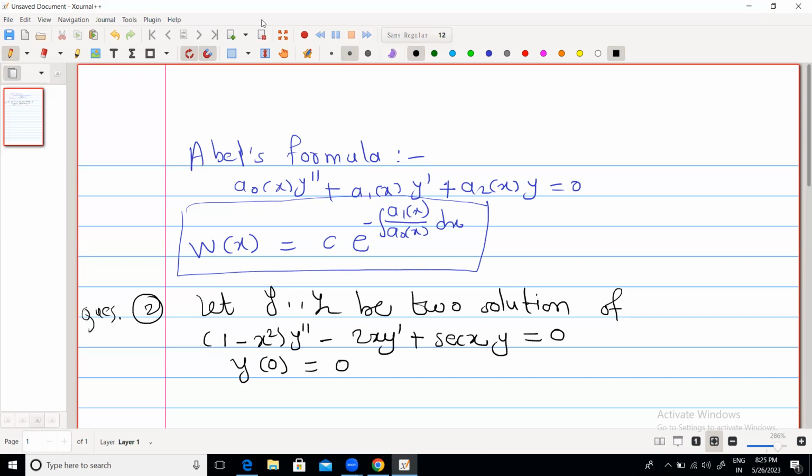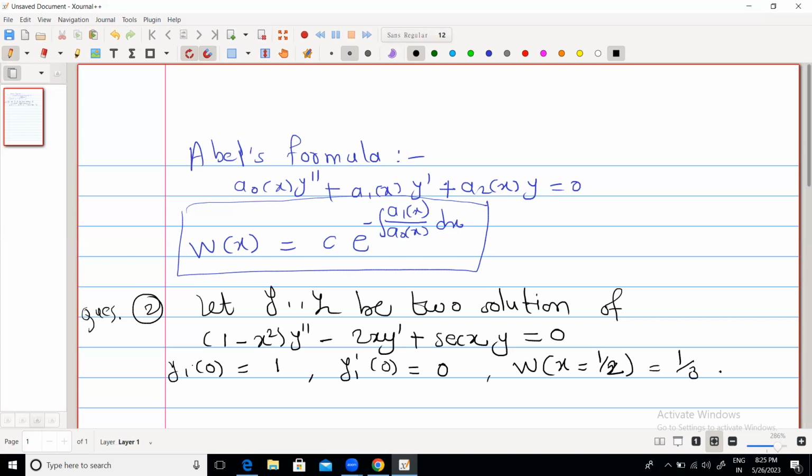Sorry, okay, not initial conditions. It is information to evaluate Wronskian at x is equal to 0. Given that y1 of 0 is 1, y1 dash of 0 is 0. Again, Wronskian at x is equal to 1 by 2 is 1 by 3.